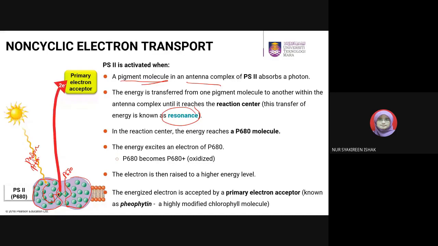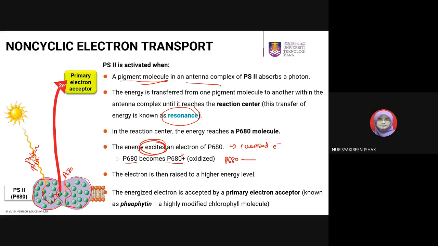So in the reaction center, the energy reaches a P680 molecule. The energy excites an electron of P680. When the electron of P680 is excited, the electron will be released. And so P680 becomes P680 plus, superscript.